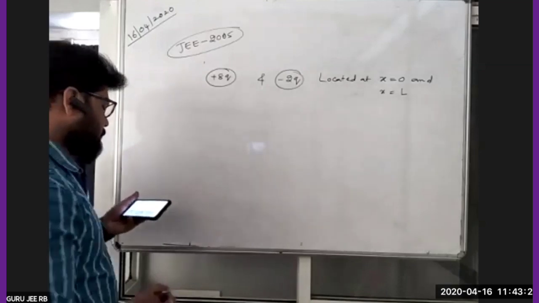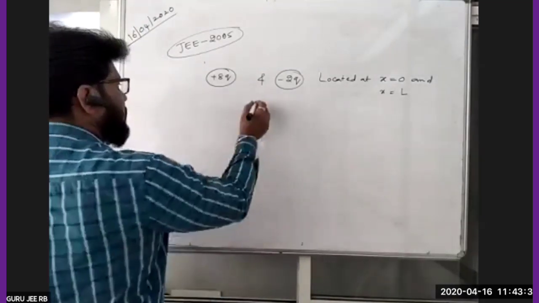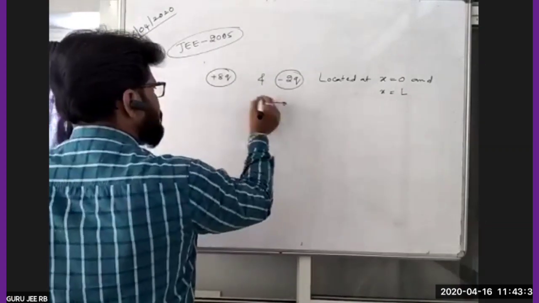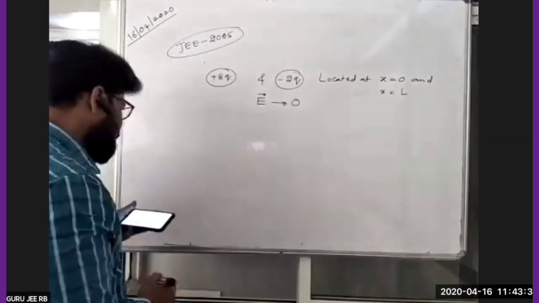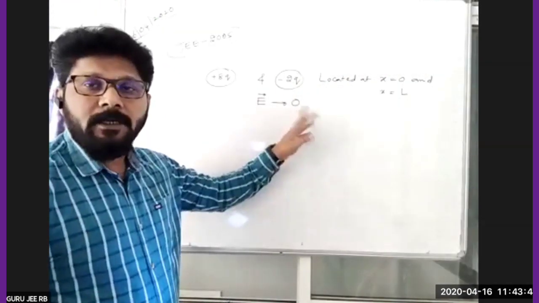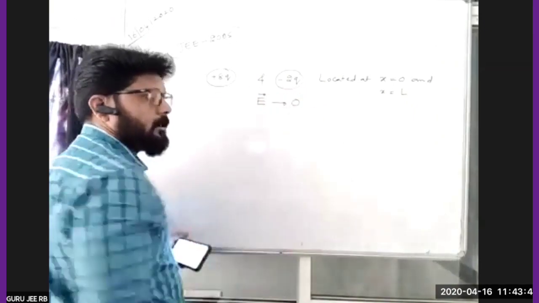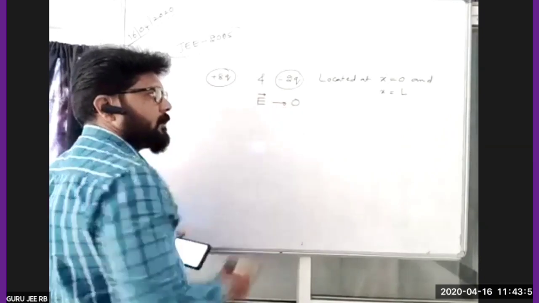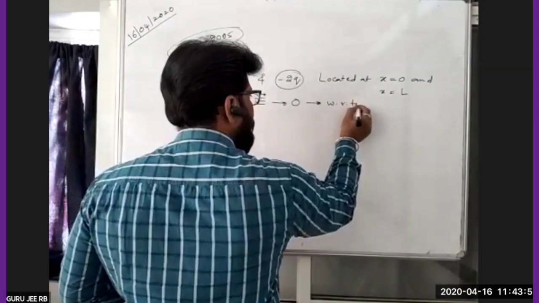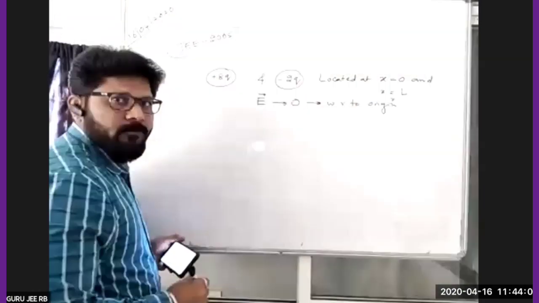We have to find the location of the point on the x-axis at which the electric field intensity due to these two charges is equal to 0. At which point on the line joining these two charges does the electric field intensity become 0, with respect to the origin?